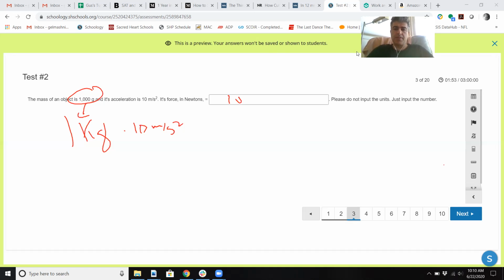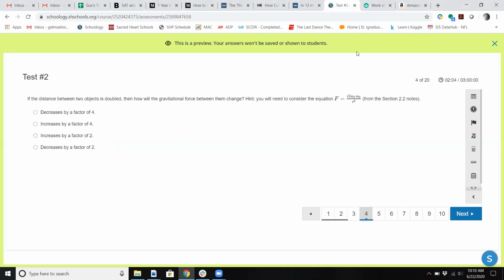Okay, clear the screen. And actually minimize that. There we go. This next one is a little tricky. If the distance between two objects is doubled, remember R, if you check your notes, we did talk about this. This right here is the equation we use for gravitational force between two objects.